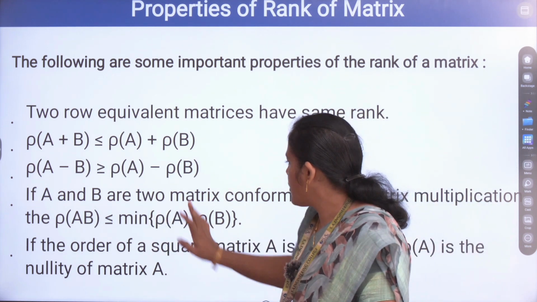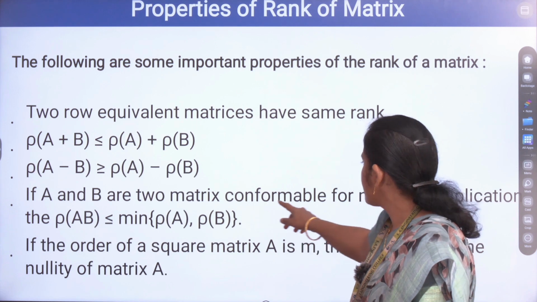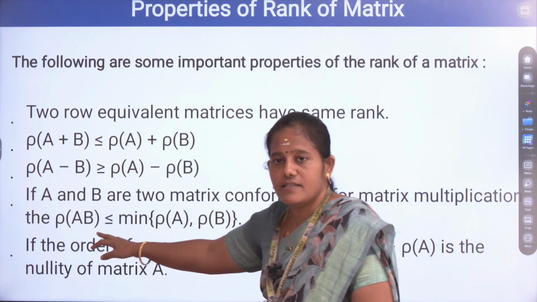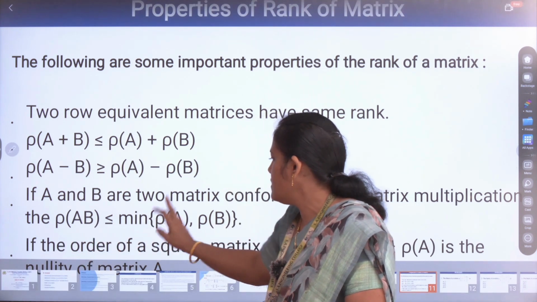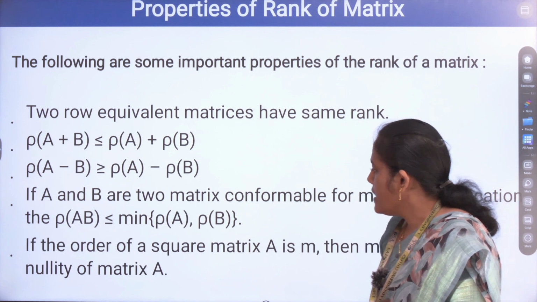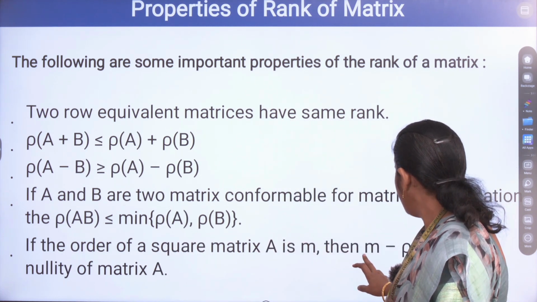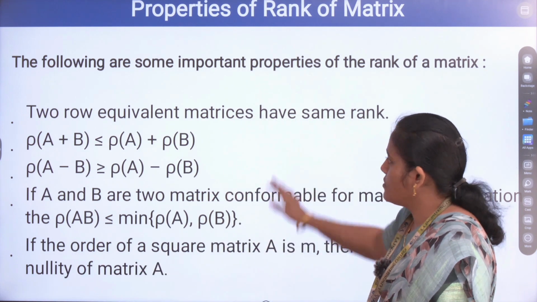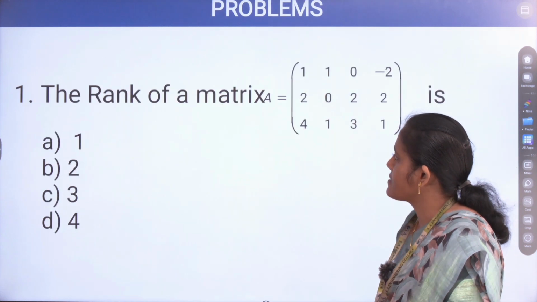If A and B are two matrices conformable for matrix multiplication, then ρ(AB) is less than or equal to the minimum of ρ(A), ρ(B). If the order of a square matrix A is m, then m minus ρ(A) is the nullity of matrix A. So these are all the basic properties of the rank of a matrix.